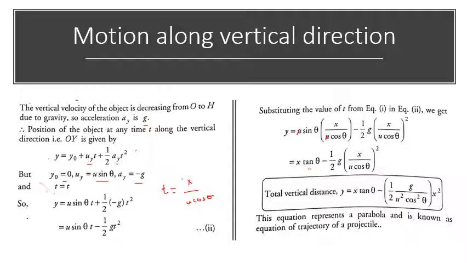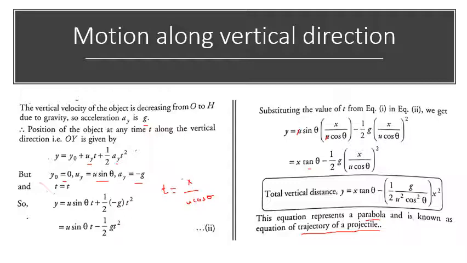We just replaced the equation, rearranged the equation, that's all. So this equation represents the parabola and this is known as the equation of trajectory of a projectile. Very important. So this equation is the equation of trajectory of a projectile.